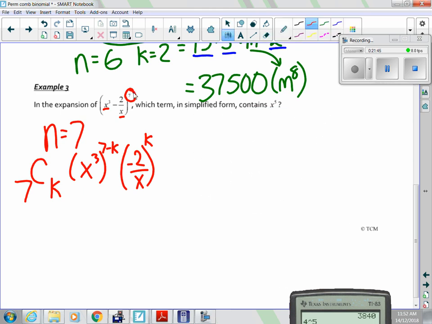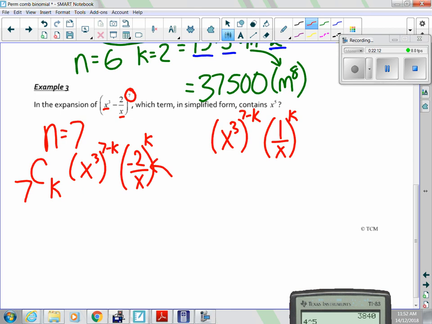what we're going to do is we're going to deal with just the exponent part, leave all numbers out. So this is going to be x cubed, that's still there, my variable part, to the 7 minus k. But I'm going to ignore the 7Ck. That's just a number. It's not part of my variable. In this bracket, I'm going to ignore the negative 2. So I'm going to call this 1 over x to the k.